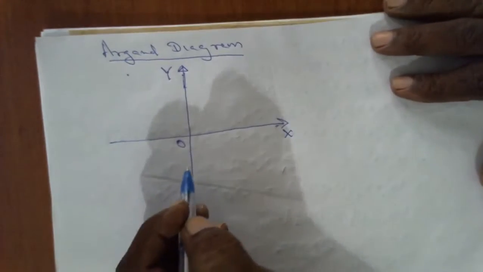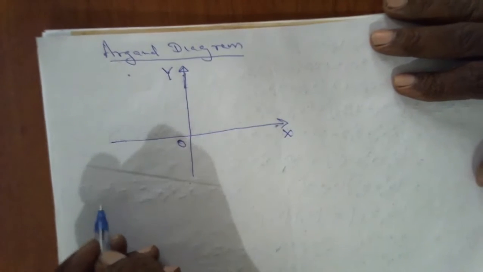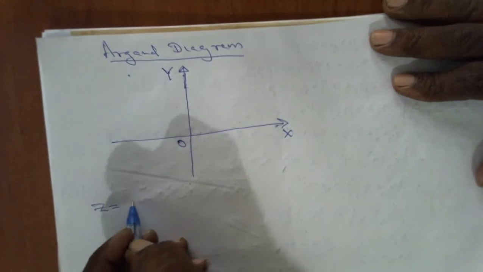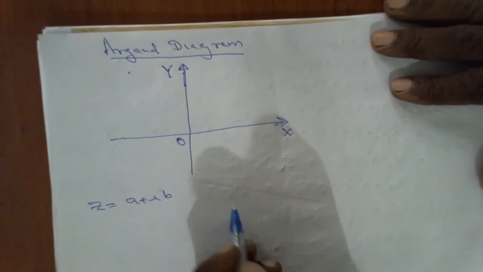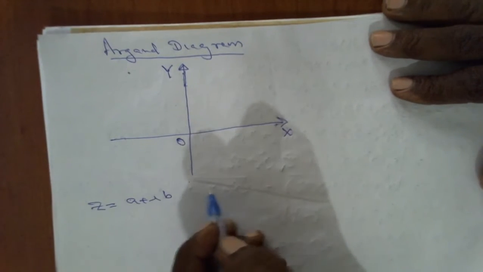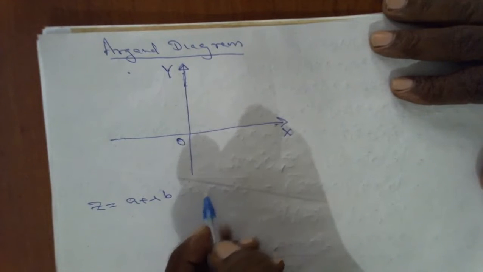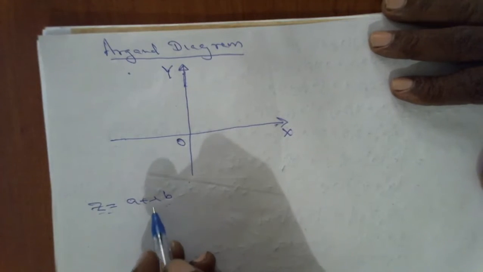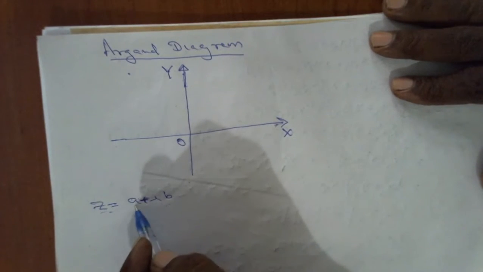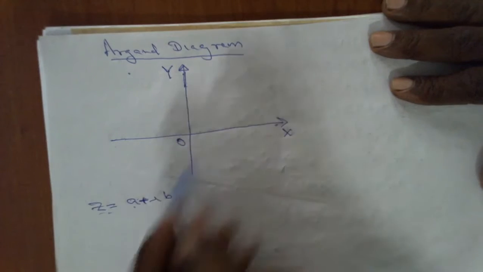So if you take Z equals a plus ib, right? This complex number can be represented by the coordinate (a, b), right? You can take simply a as the x coordinate, simply b as the y coordinate, right?